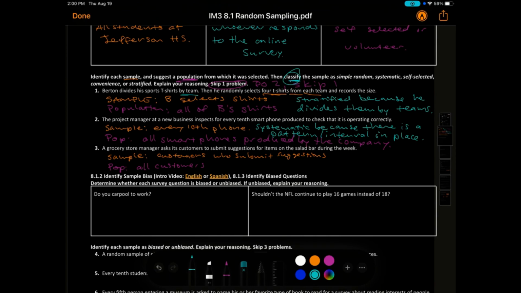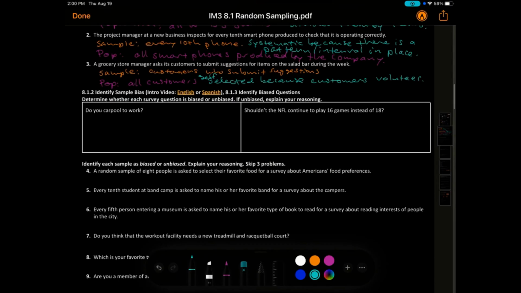So this one's going to be called self-selected, because customers volunteer. It's those annoying people who knock on your door in the store. They're going to ask, hey, do you want to take a survey? That's the type of person.